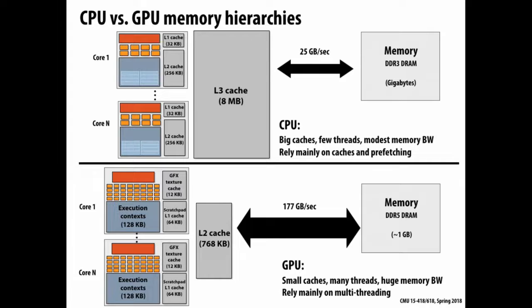Make sure that you've got enough parallelism to hide and avoid lots of latency, and therefore get very high throughput. So that's a big part of the way it performs. And by having smaller caches, it can devote more chip area to these ALUs.